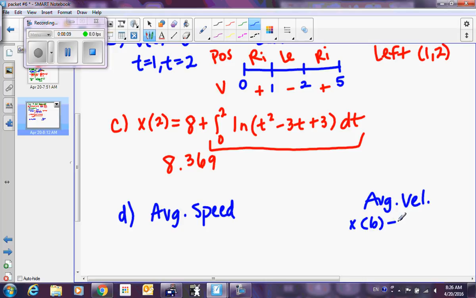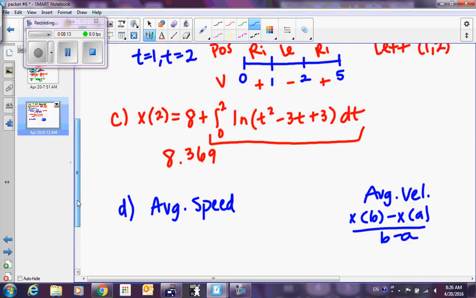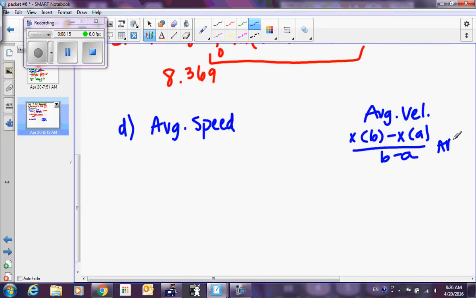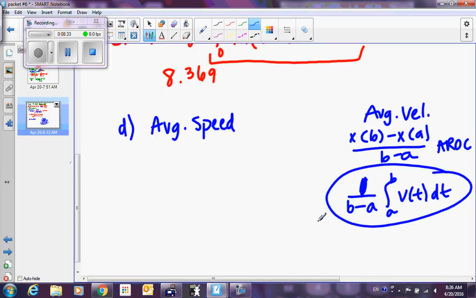You can do change in position, that would be average rate of change. Or if you wanted to do this as average value, you could do 1 over b minus a, integral a to b of what you're trying to average. Okay, and I'm going to use this one.